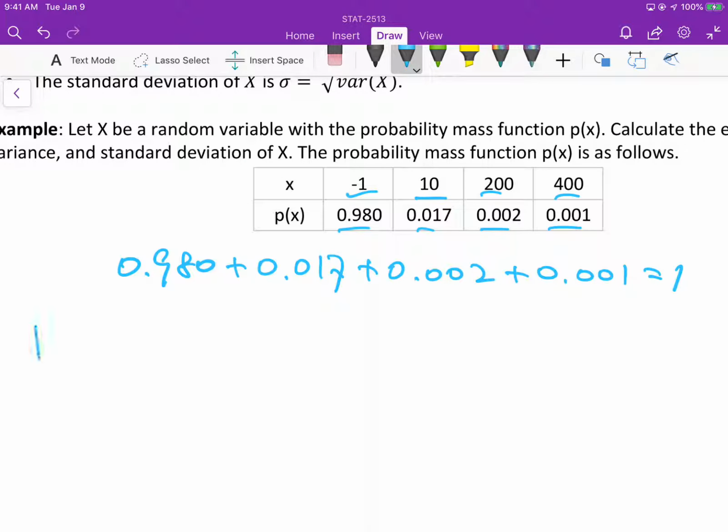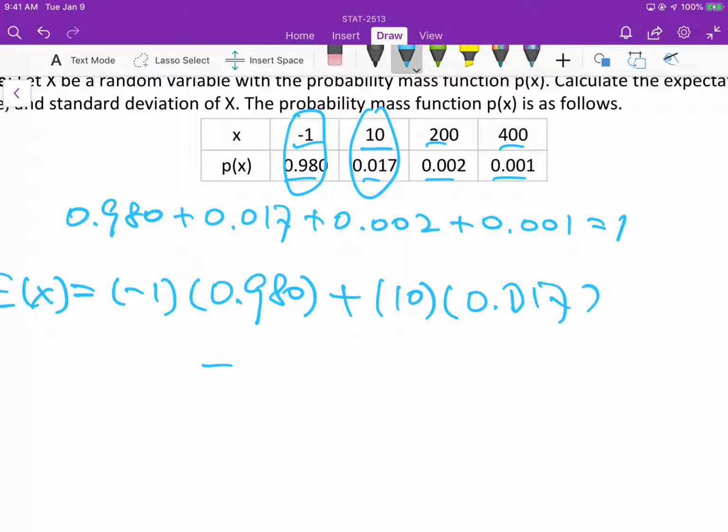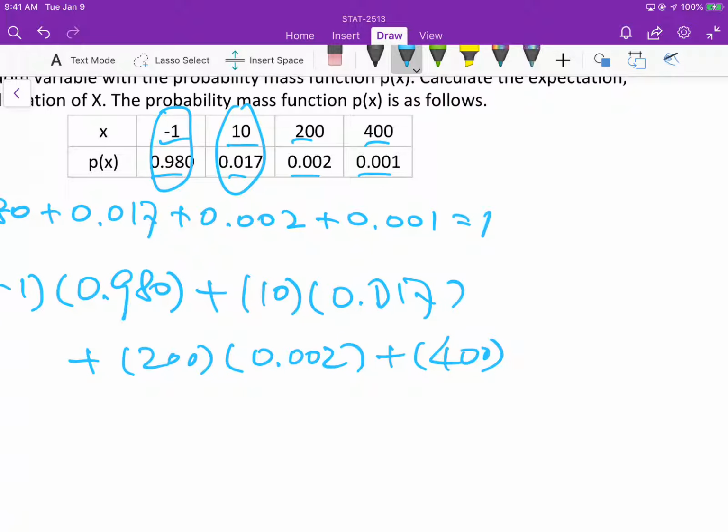In this example, E of x, the expectation, is, for the first one, the value of x is -1, the corresponding probability is 0.980, plus, for the second pair, 10, this is the value of x, times 0.017, the corresponding probability, plus 200, the value of x, times the corresponding probability 0.002, plus 400, the value of x, times the corresponding probability 0.001.